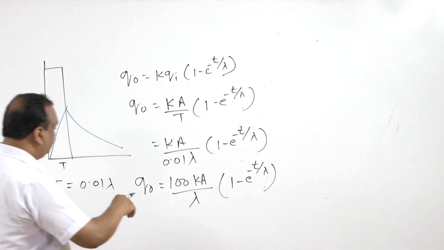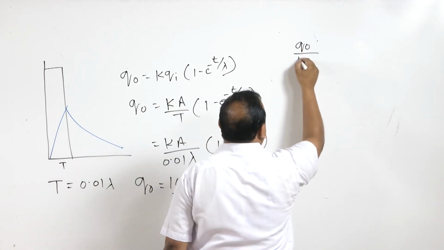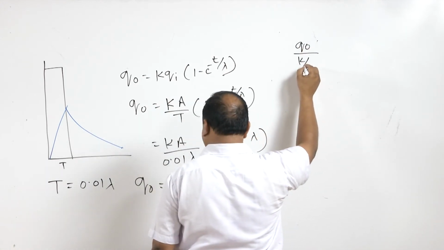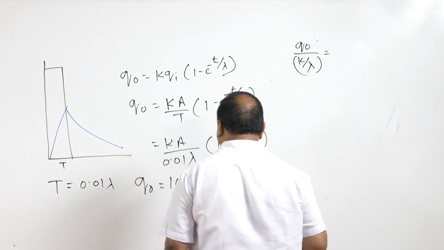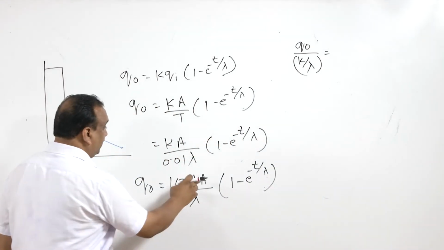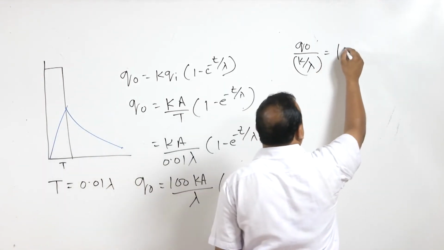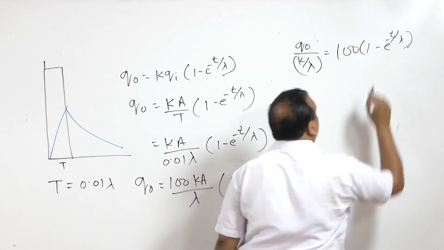Now we will write here Qo by K by lambda is equal to, for A is equal to 1, suppose we take A is equal to 1, it is going to be equal to 100 (1 minus e raised to power minus t by lambda).